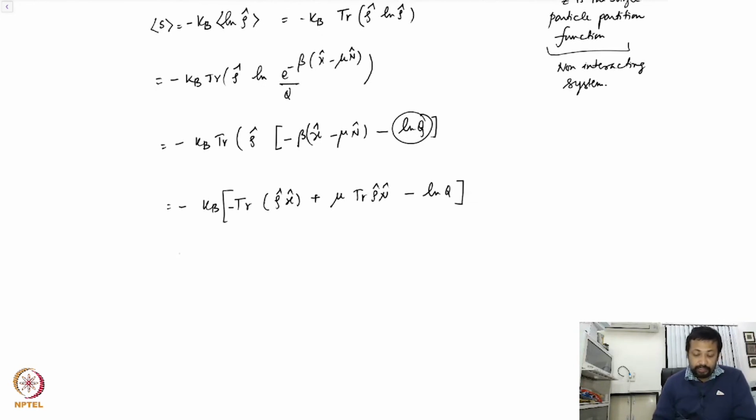If I now put everything together, there is a beta here. I'm sorry, there has to be a beta here and there is a mu beta here.